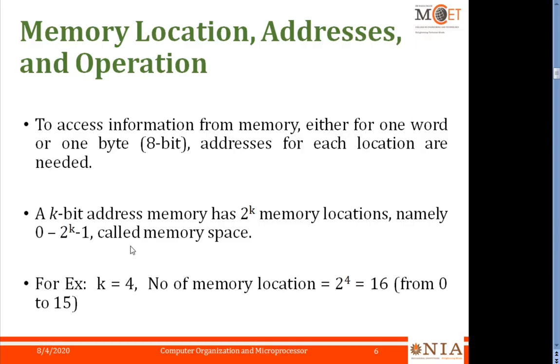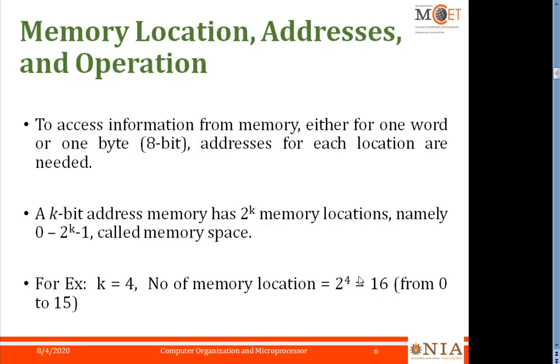For example, here in this case I have taken the number of address bits as 4. By using a 4-bit address, I can represent 2 power 4, that value gives us 16. So in order to access 16 memory locations, I need only 4 address bits.